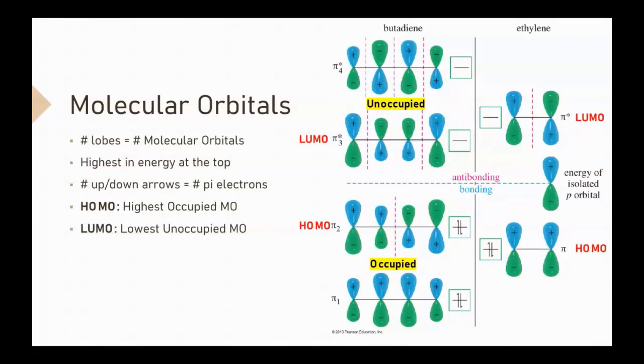So when you're drawing your molecular orbitals, remember the number of lobes you have equals the number of molecular orbital configurations you have. So for here, butadiene, if I were to draw it out, that is, no, it's too big.